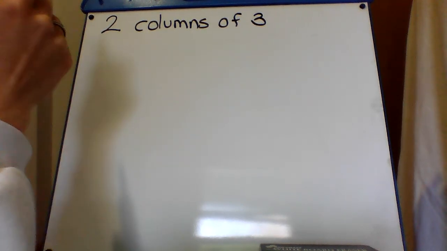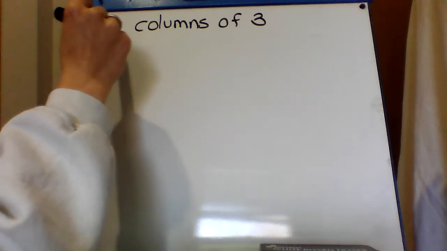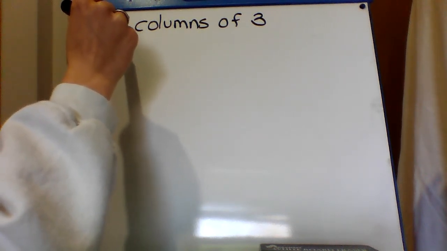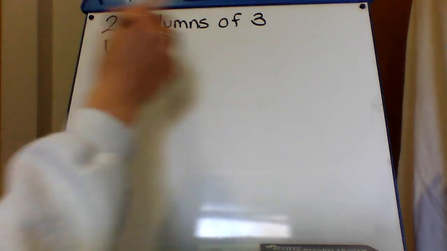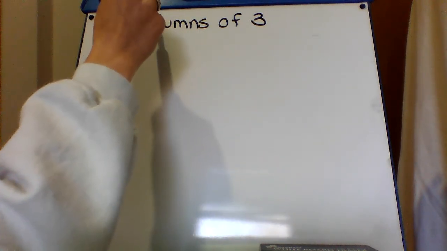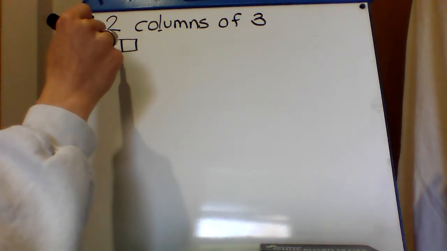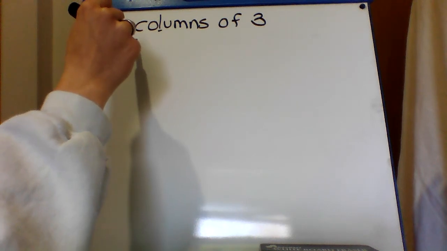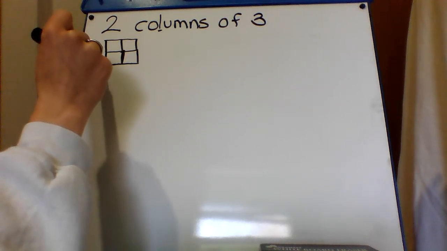Again, watch what they're telling you. 2 columns, you can do circles or squares, 2 of 3. So columns, if you look at the L, it's going vertically up and down. So I'm going to draw these. I try to make them neat.